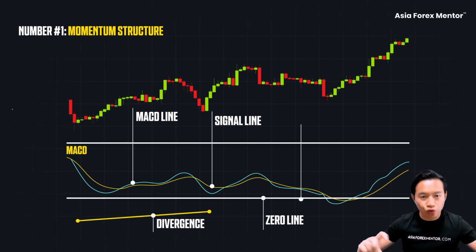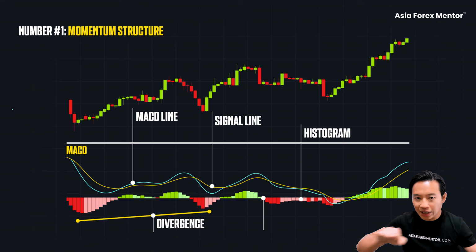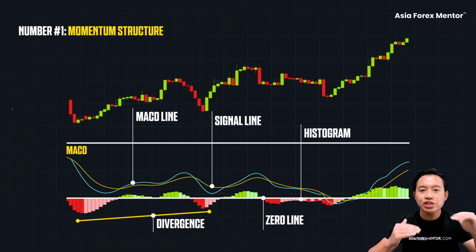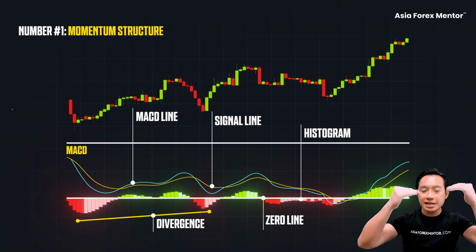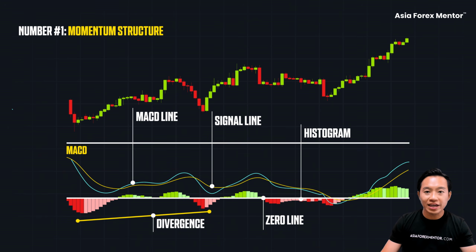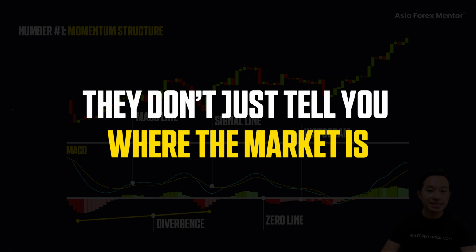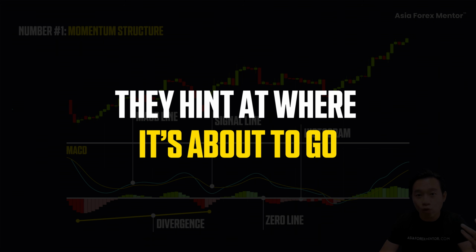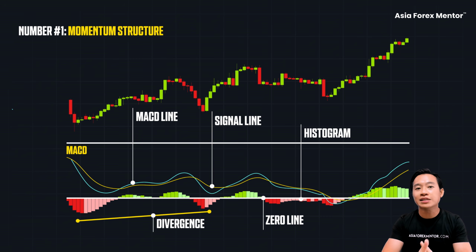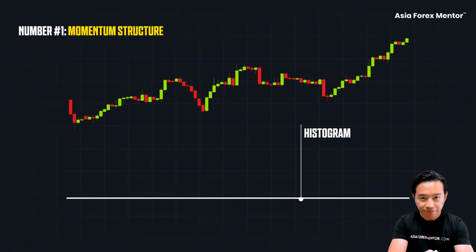The histogram, the zero line, the divergence, all of it shows what is happening beneath the price, before the price even moves itself, right? Together, they don't just tell you where the market is, they kind of hint at where it's about to go.